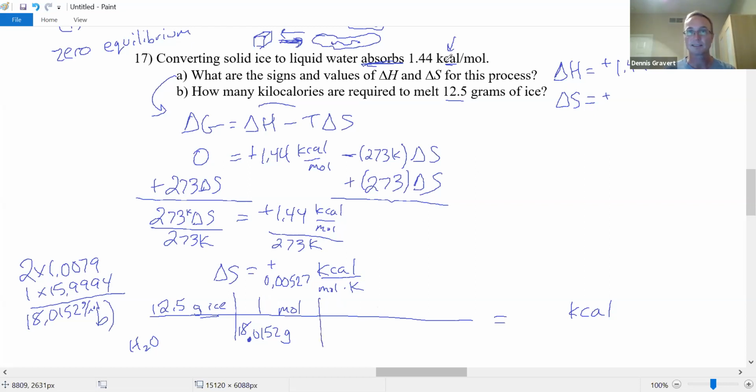Cool. And then it says for every 1 mole, you need 1.44 kilocalories of heat energy. Nice. Moles cancel, grams cancel. We got our kcals, kilocalories. So 12.5 times 1.44 times 1 divided by 18.0152. We got 3 sig figs here.